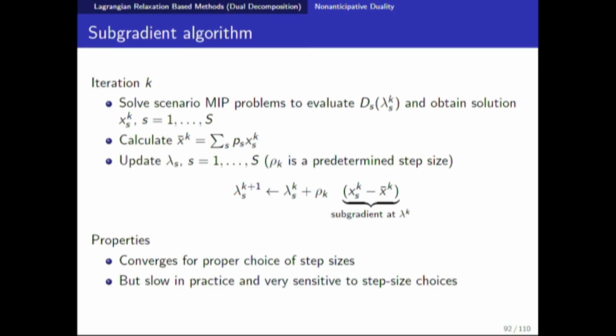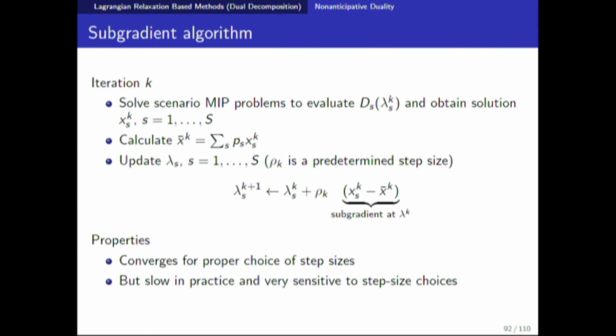So how will we solve this? The standard algorithm for solving a non-smooth optimization problem is a subgradient algorithm. At each iteration, you're given some current values of your multipliers lambda_s^k at iteration k.